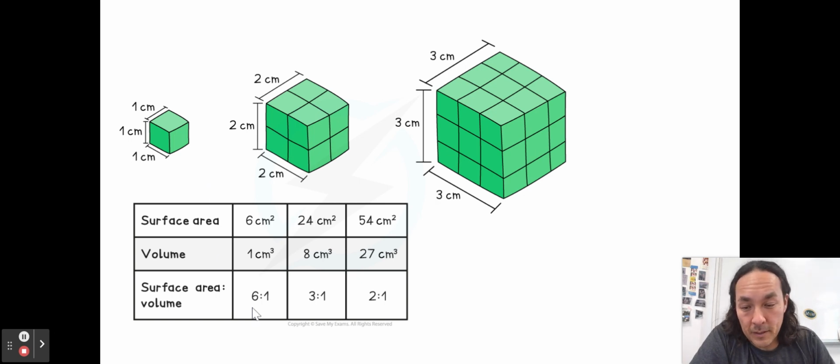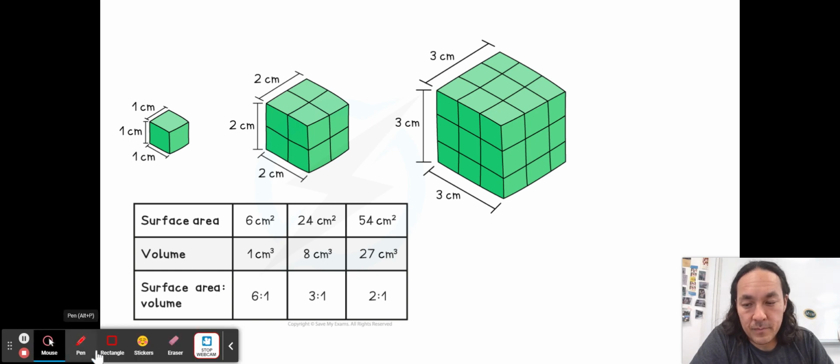So the larger the surface area to volume ratio, the quicker oxygen can diffuse in and carbon dioxide can diffuse out. So here, if this was one big cell that was about 3 by 3 by 3, its surface area is going to be 54, its volume is going to be 27, and its surface area to volume ratio is 2 to 1.